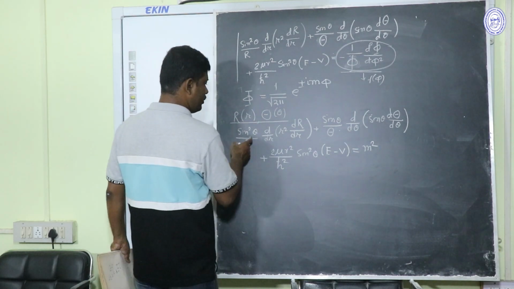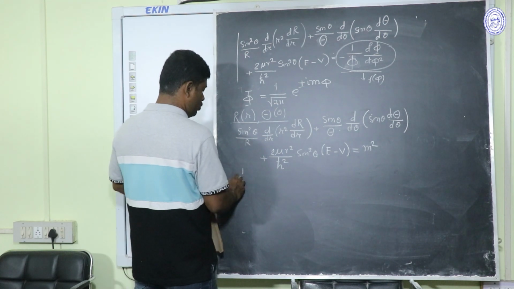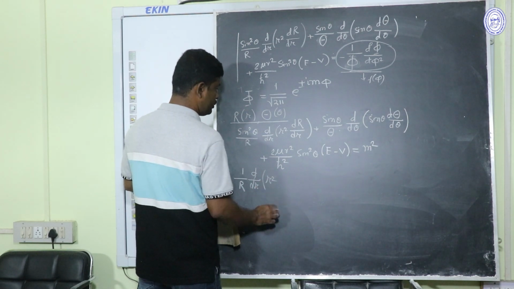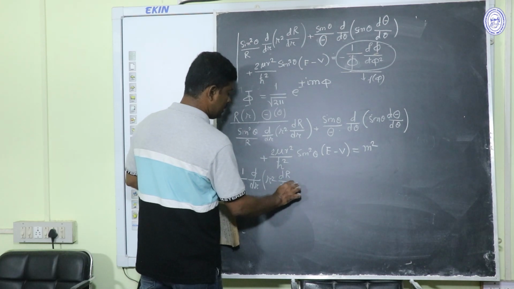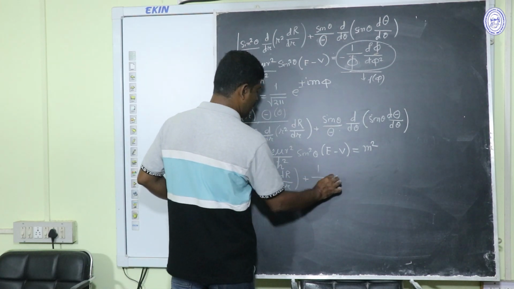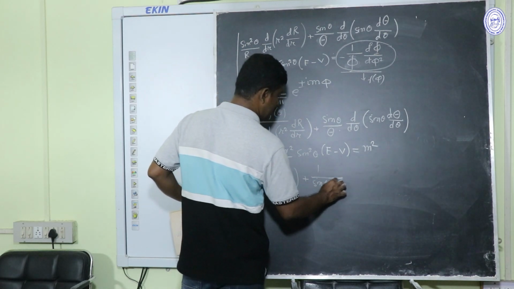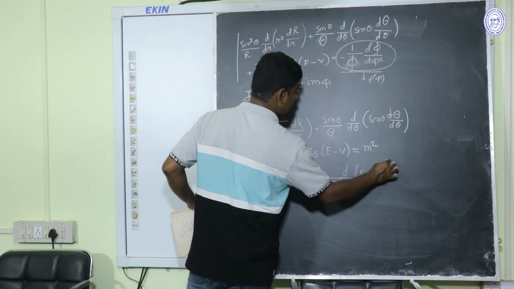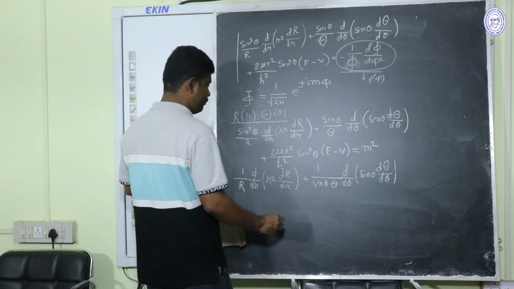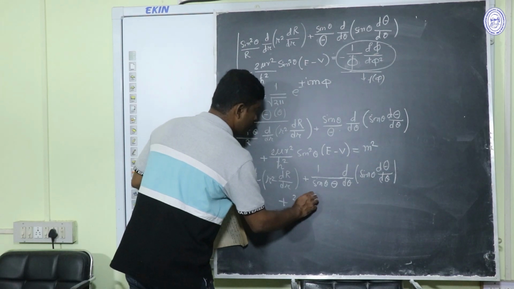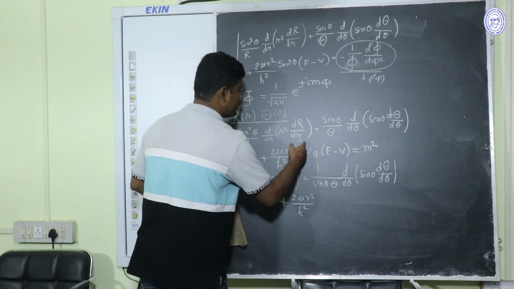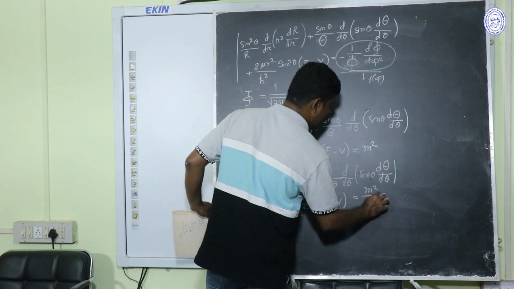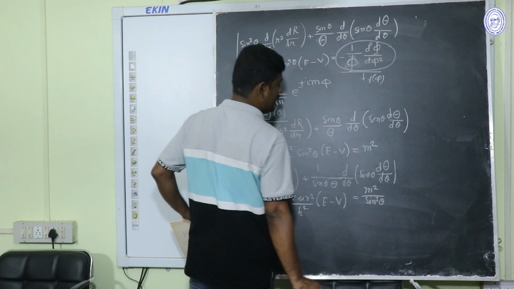So, we can divide this equation by sin square theta, then we will get 1 by R d/dr of r square dR/dr plus 1 by sin theta capital theta d/d theta of sin theta d capital theta by d theta plus 2 mu r square by h cot square (E minus V), this is equal to m square by sin square theta.